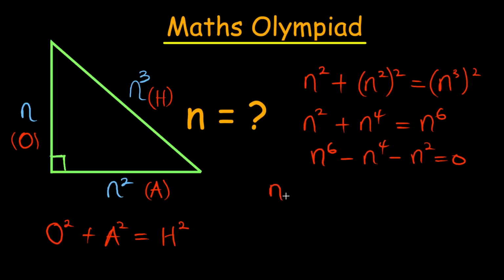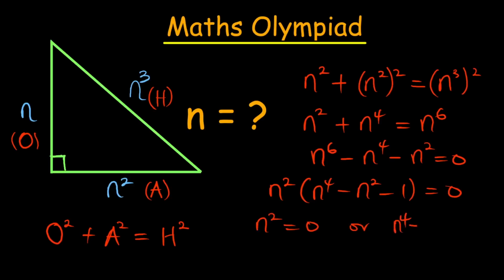So when I do that, I'm going to have n square into n to the fourth power minus n square minus 1 equals to 0. And we have that n square equals to 0, or n to the fourth power minus n square minus 1 equals to 0.